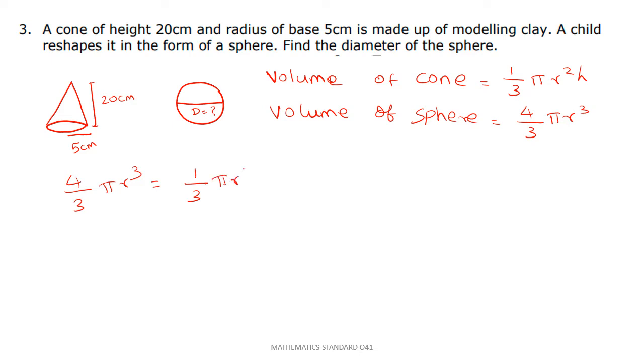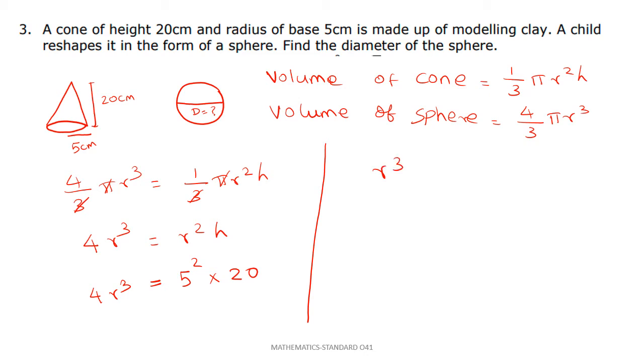We need to find the value of r cube, which means the r value, then we can find the diameter. So let's simplify this equation. We have 4r cube equal to r squared h, where the radius of the cone is given as 5 and the height is given as 20, which is nothing but 4r cube.